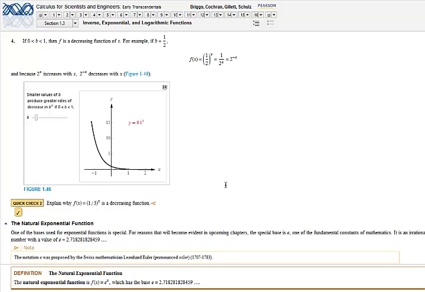The next assertion is that if my base is in between 0 and 1, that means that I could essentially write this as a negative exponent. If I did that, then this function, and notice how as b increases it flattens out, and as it decreases it gets taller, is decreasing as I walk from left to right, or the y values are decreasing.